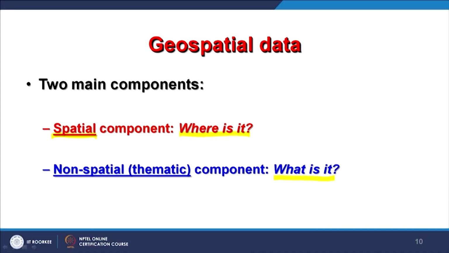And if we have a question like what is it, then that will come from the non-spatial data. So, GIS data can be divided into 2 main categories, spatial data and non-spatial data. Spatial data can answer questions related to location, and non-spatial data can answer questions related to what it is and so on and so forth.